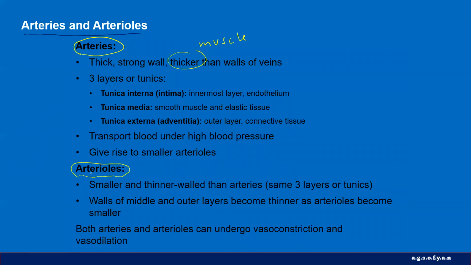There's still some muscle over there, but not as much as the bigger arteries like the artery and aorta. Again, there are three layers. If it is from inside, it's going to be tunica interna, tunica media, which is muscle. Okay, this is smooth muscle, and tunica externa, and this is fibrous connective tissue.